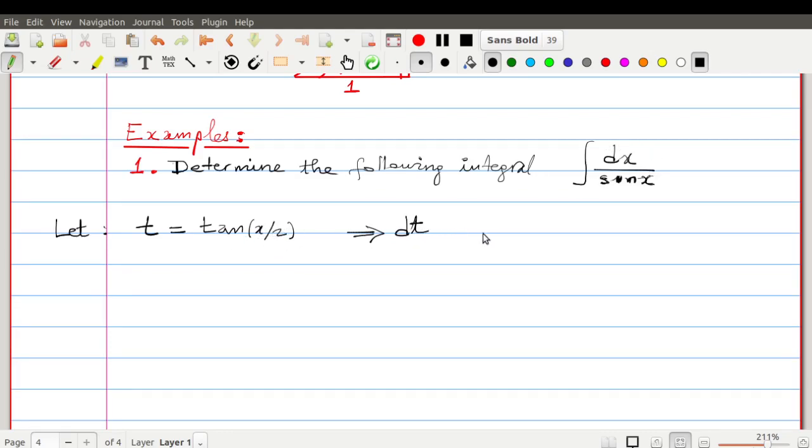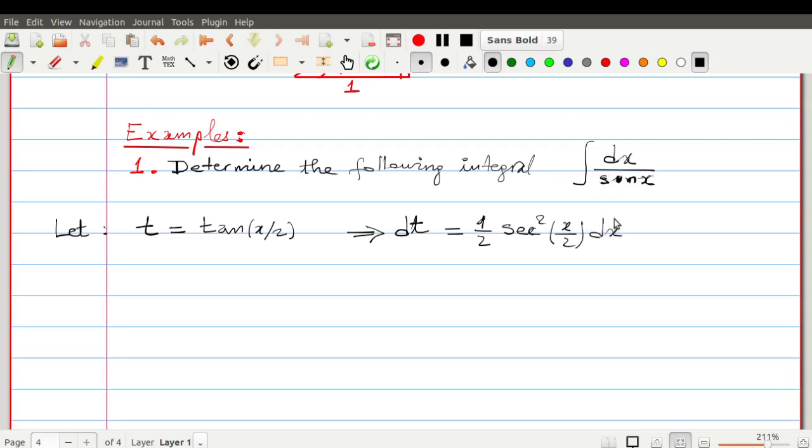So dt will be 1/2, right? So we apply the chain rule. Now the derivative of tan is sec squared. So that will be sec squared of the inner function x by 2, dx. So this is the dt.